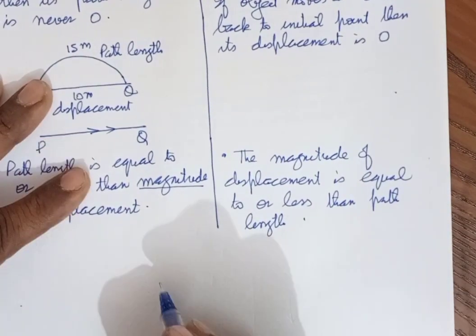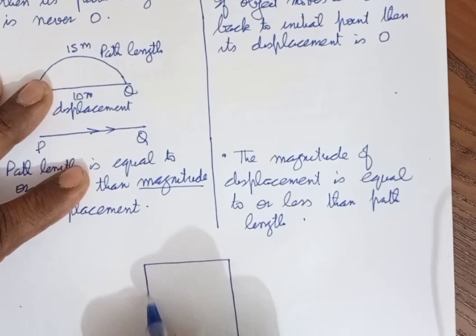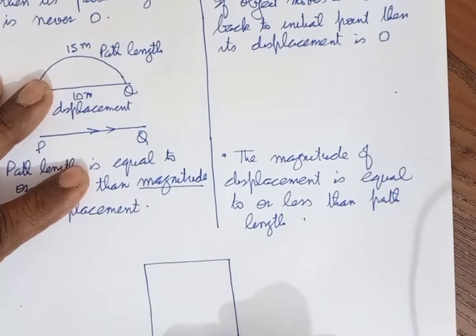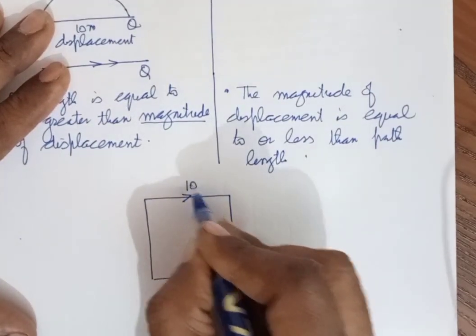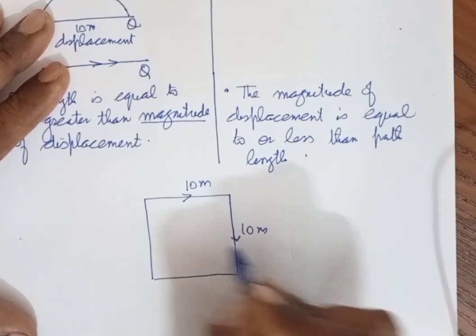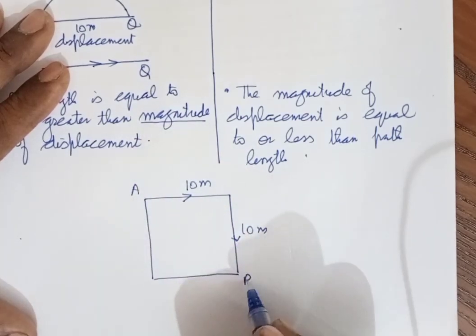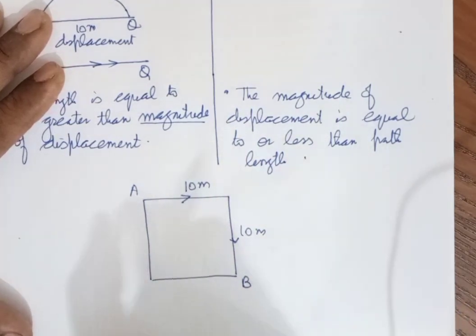Now, if David moves in a square path and has moved 10 meter from A to B, then can you say what is the path length here?